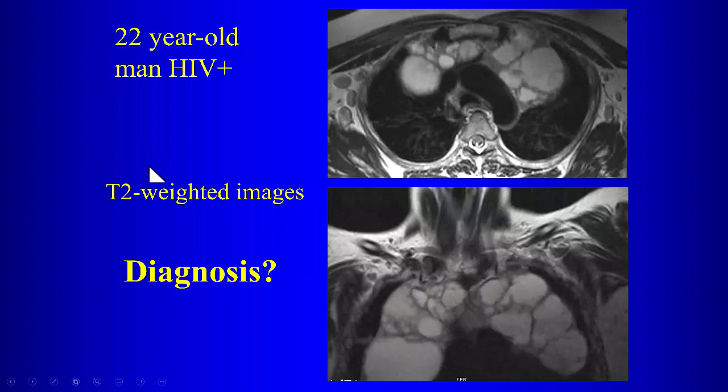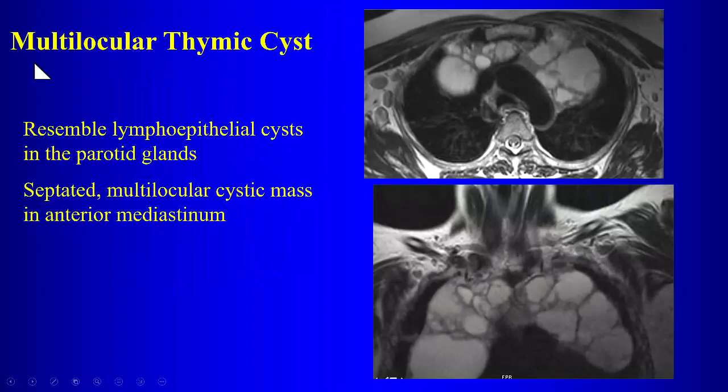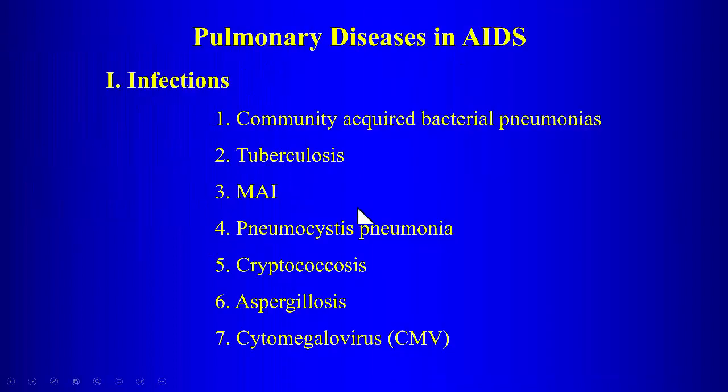In the anterior mediastinum. So what does this patient have? Multilocular thymic cysts. So this is also associated with HIV. These patients can develop these large cystic lesions within the thymus. So they resemble lymphoepithelial cysts in the parotid gland: septated multilocular cystic masses. Multilocular thymic cyst. Okay. All right.